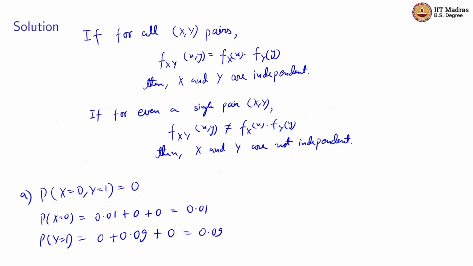So clearly the product of marginal is not equal to joint here. Clearly joint x is equal to 0, y is equal to 1 is not equal to product of marginal.